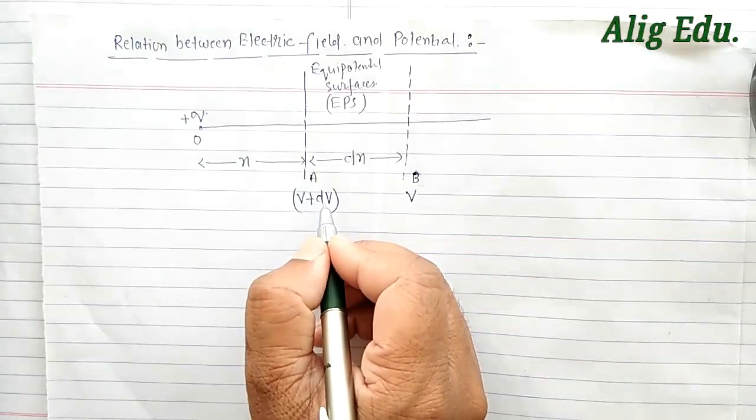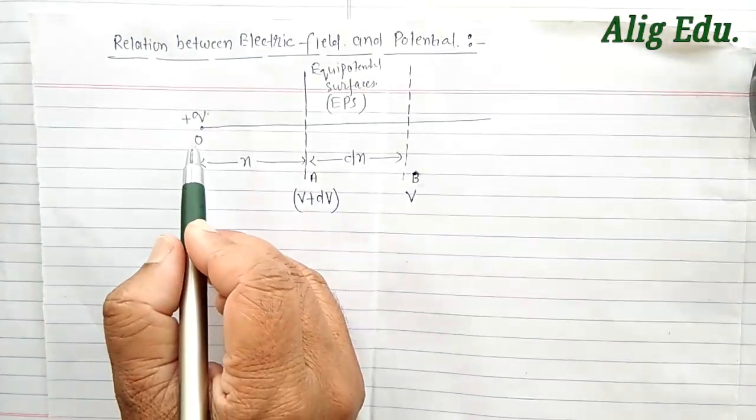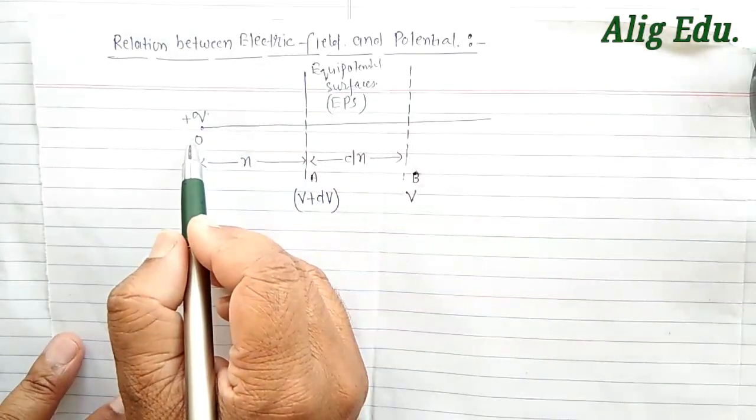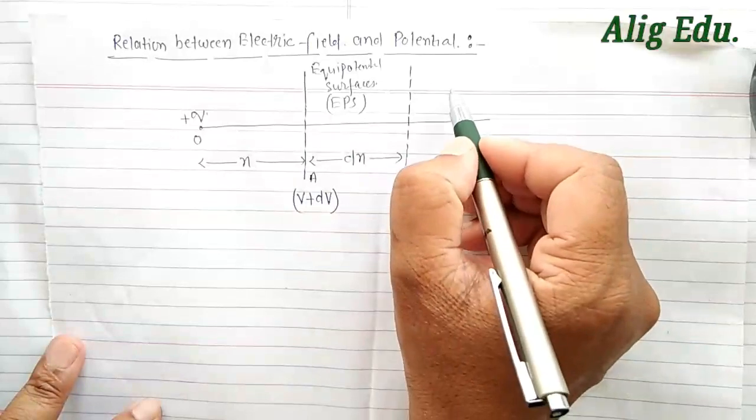The reason is that we have taken a positive charge here, so the electric field due to this positive charge will always be radially outward.